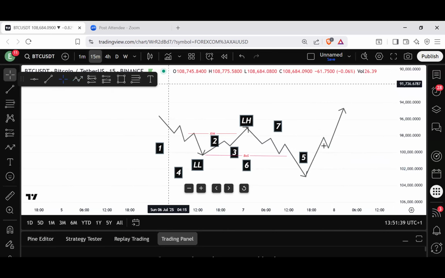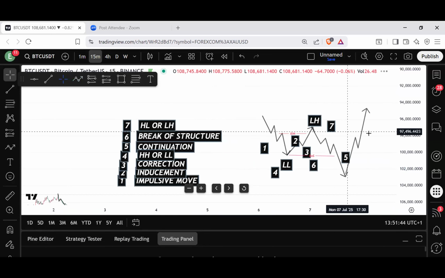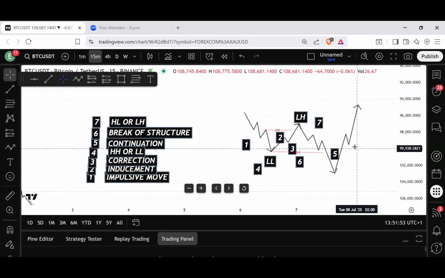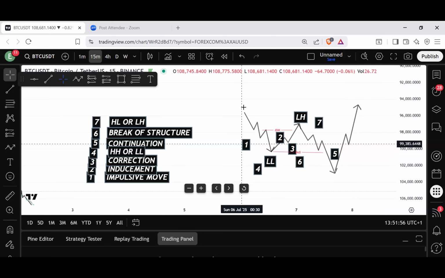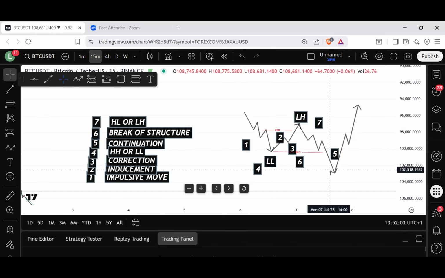So this move now is another impulsive move. It's like number 1. You know, this is number 1 for a downtrend, the first impulsive move and the continuation.